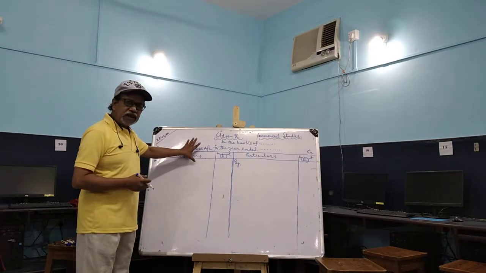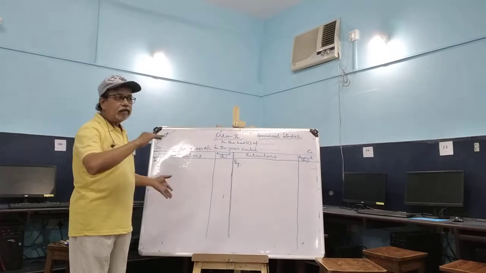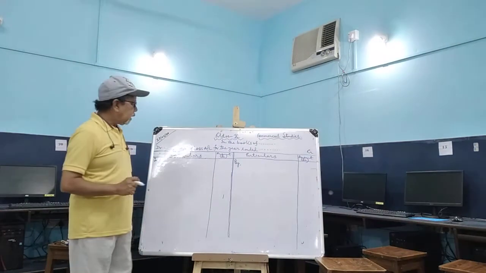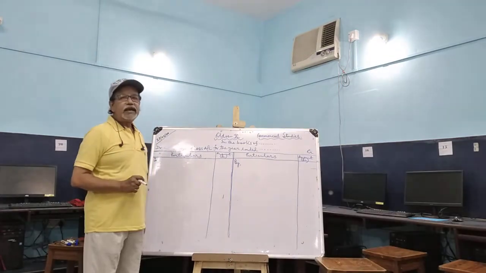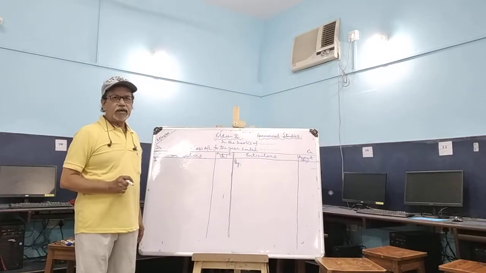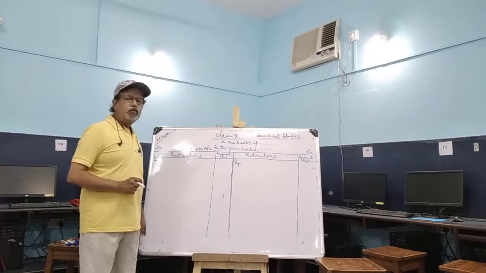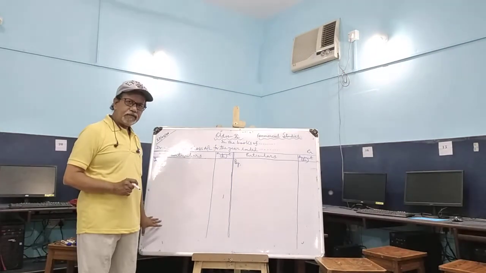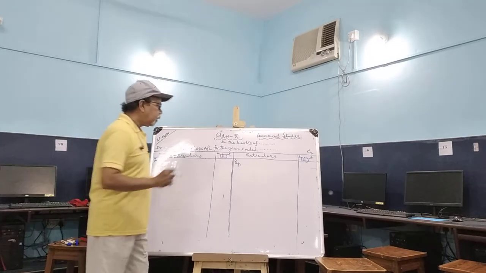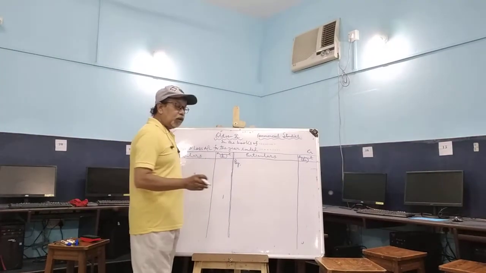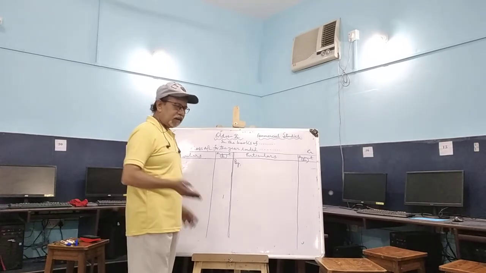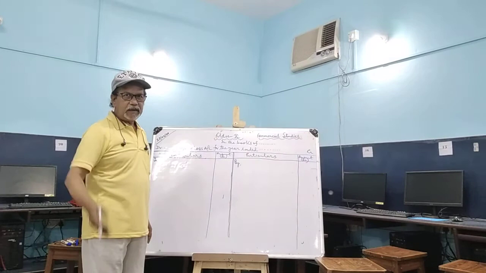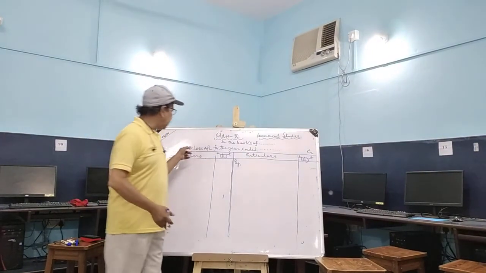So for closing the trading account, we have to pass one journal entry. That journal entry will be trading account debited to profit and loss account. So in the trading account, we have written To P&L account, To profit and loss account, here at the bottom, right? You can remember. So now the other one, the trading account was debited. Now the other account is to be credited, where we are transferring the balance. We are transferring the balance to profit and loss account.